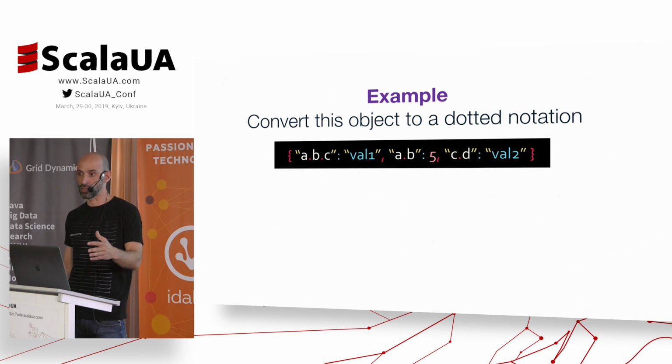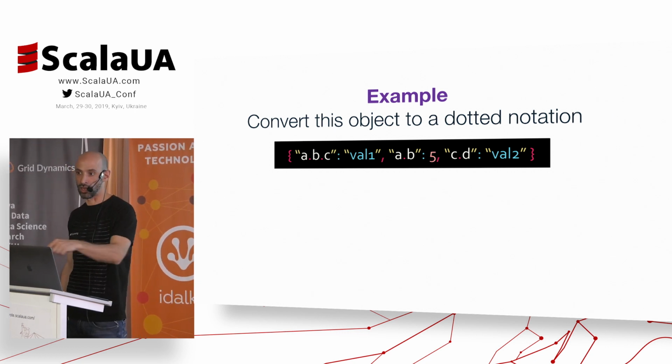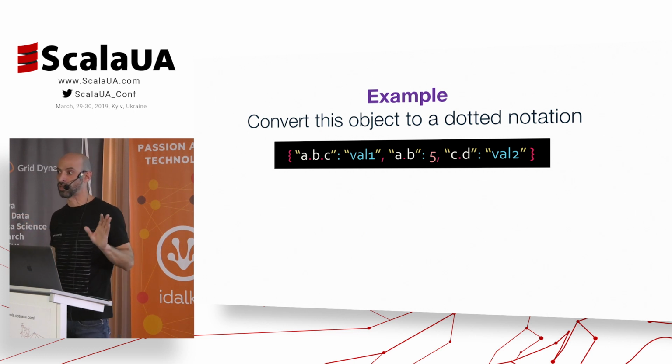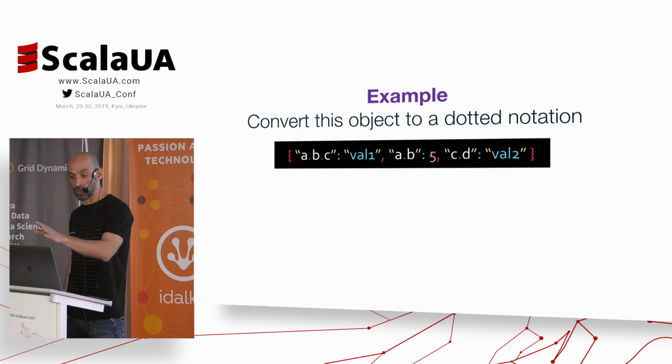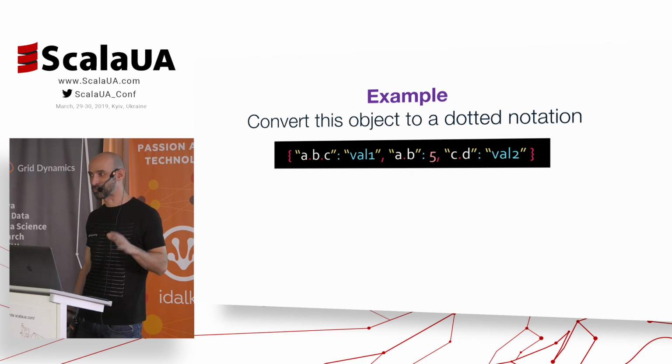A dotted notation object means that the value is encoded into a dotted string. So for example, you have an object with A, with B, and inside it there is another one with B and another one with C, and C's value is val1. To write a thing like that with Scala, does anybody want to think about it?